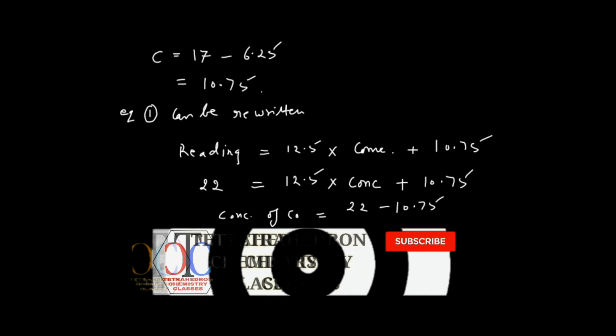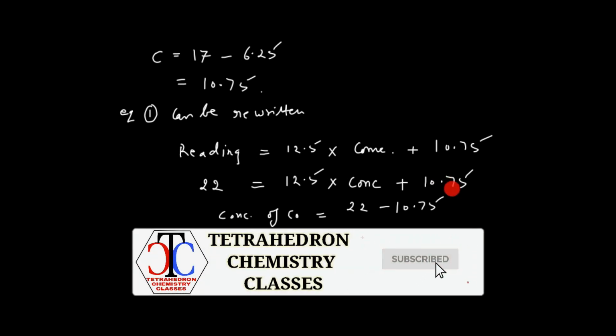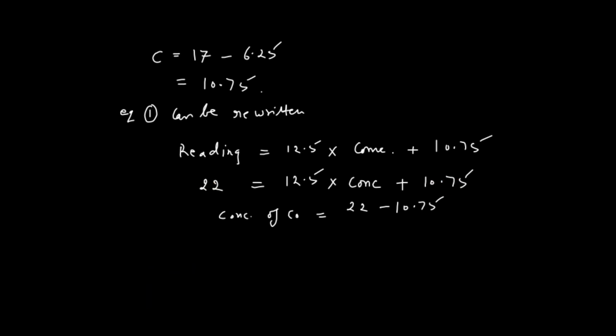We'll transpose the equation, and this 10.75 will go on the left hand side, so it will change its sign, divided by 12.5. That will give you 11.25 over 12.5. If you solve this, this is 0.9, roughly 0.9%. So this is the percentage of the cobalt in the unknown sample.